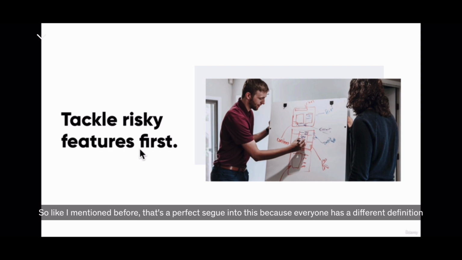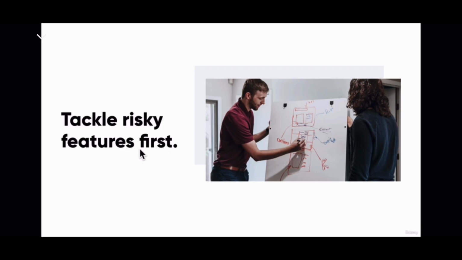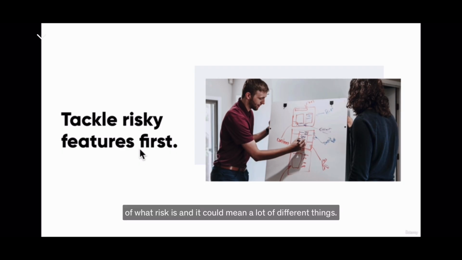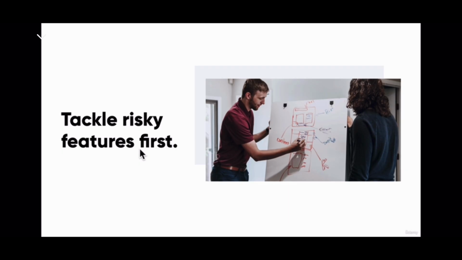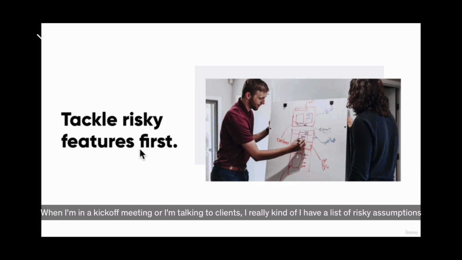Like I mentioned before, that's a perfect segue into this, because everyone has a different idea of what risk is. It could be a feature that dictates the success of the product. It could be certain assumptions that you learn the client has for a certain feature.